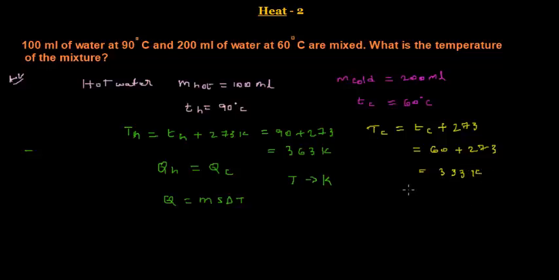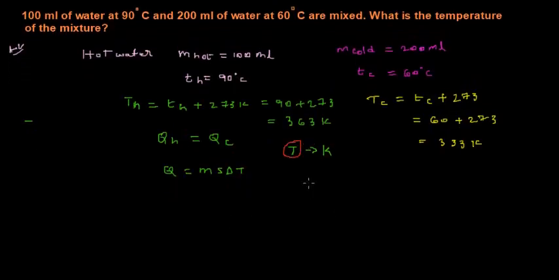Now let us use these values m, T and s and then find out the equilibrium temperature. Q hot, I am writing it. Q hot is m H, S, delta T. Instead of delta T, I can write T H minus capital T. So I will substitute the values of m H. It is 100 ml.